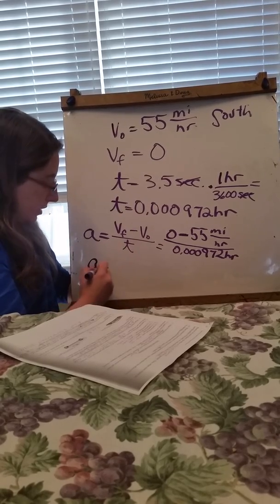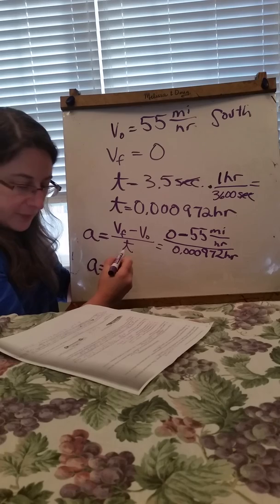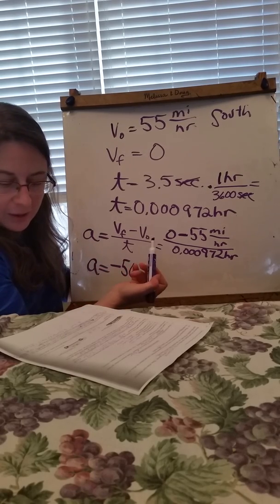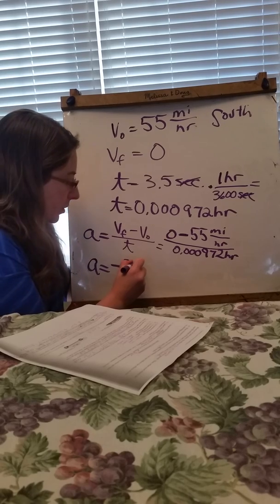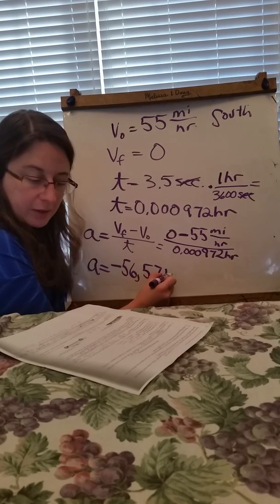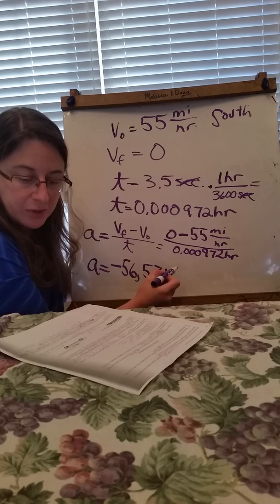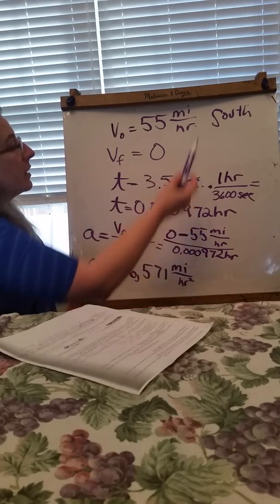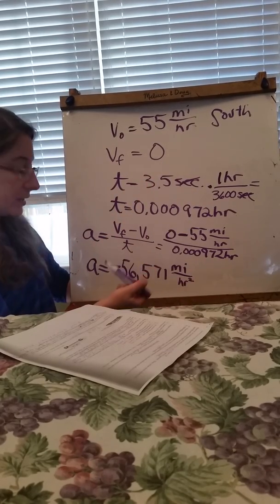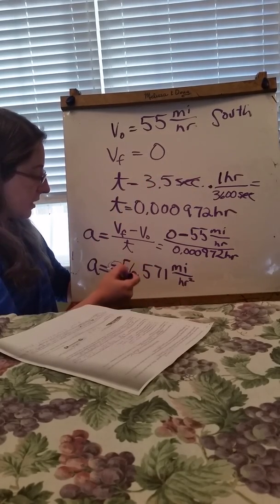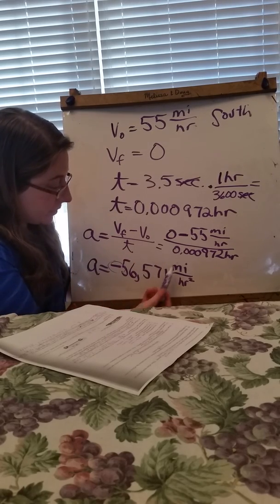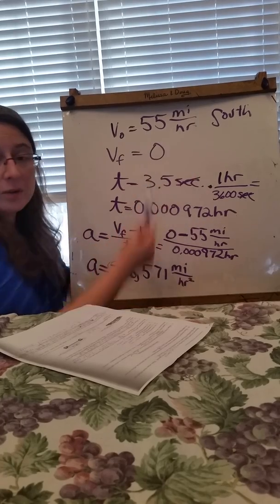So acceleration is going to be negative 56,000, and I think it's like 571 miles per hour squared. And the velocity was south, we can see acceleration is negative. So instead of that negative sign, you could have said 56,571 miles per hour north, right?